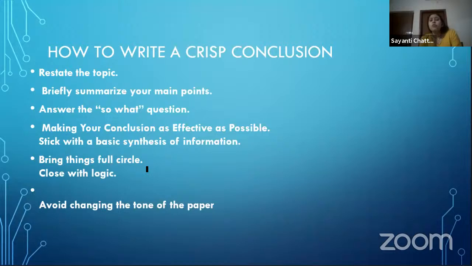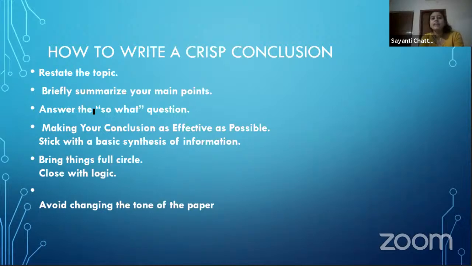The conclusion should be crisp and small. First, restate the topic, what you want to do. Next, briefly summarize your main points: the abstract, what is your novelty, and why you chose that topic.